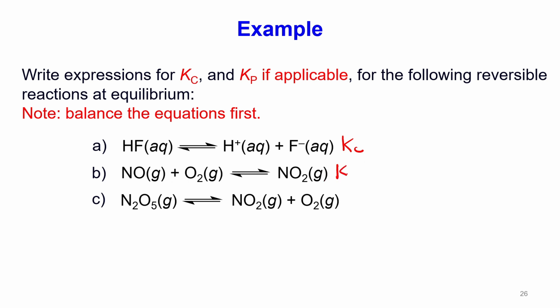So this one kena balance. Kita tengok O2. This one is O. So kalau kita letak 2 di sini, this one kita nak letak 2. So the balance equation. Untuk N2O5, so we balance the equation, this one. So this one kita times 2.